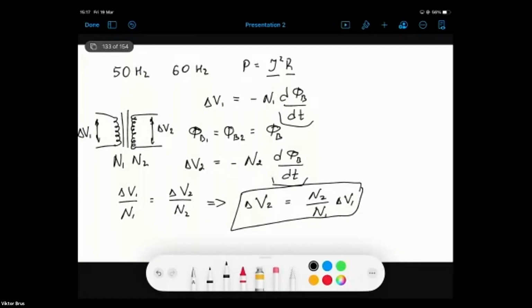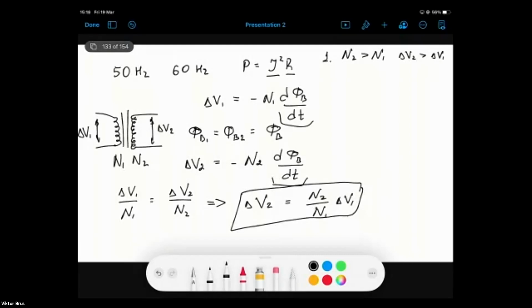There are three options. Usually two are very common. One is used in some specific cases. So option one, we have N2 larger than N1. And this is the so-called step-up transformer because according to this equation which we derived, we see that delta V2 is larger than delta V1.